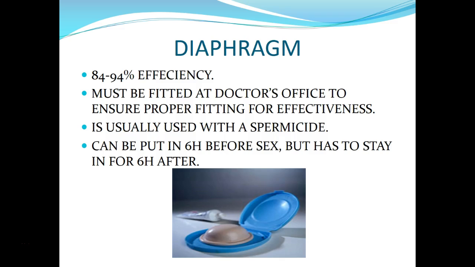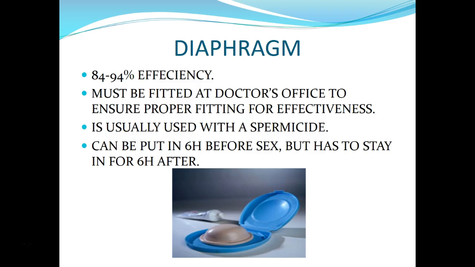And what about the diaphragm? That is 84 to 94% effective. One of the disadvantages of the diaphragm is that you have to be fitted at the doctor's office to ensure that it's going to be effective. You have to have a proper fit.